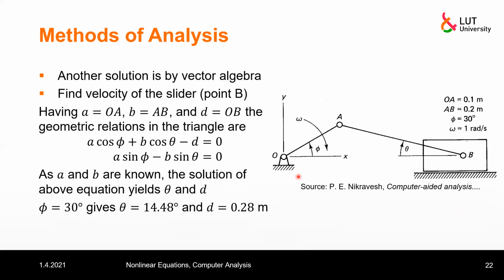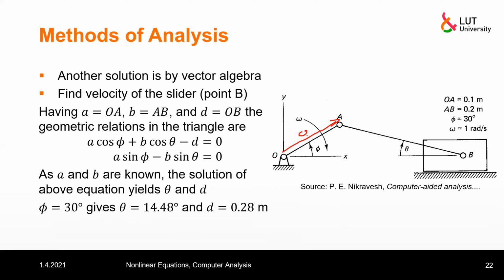As in the previous example, the vector equation that defines the structure of the mechanism was used for generating the constraint. This is quite a universal method, and here it's also used. So we can also create this vector loop here.